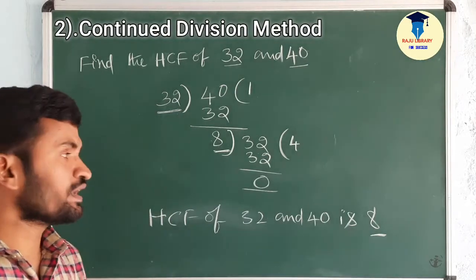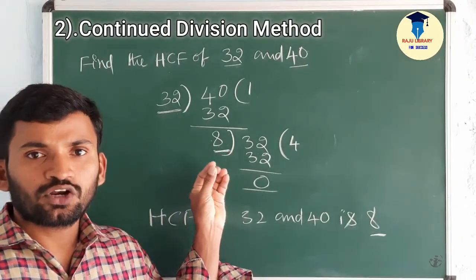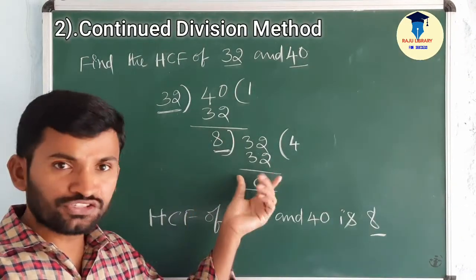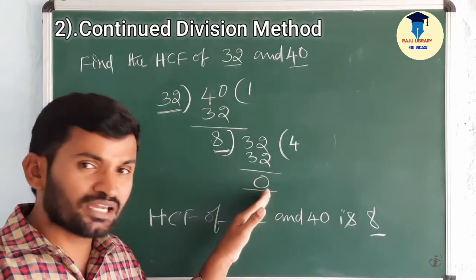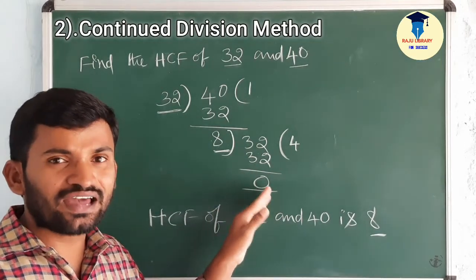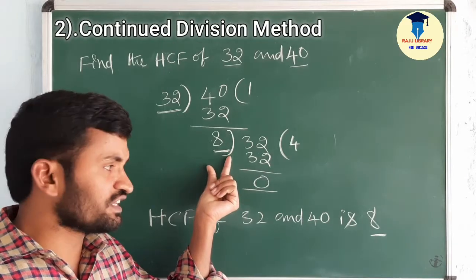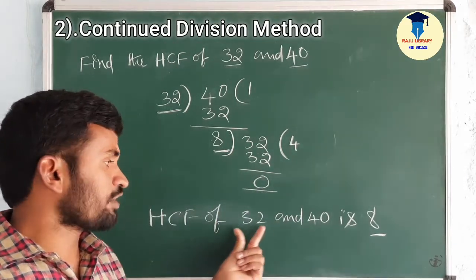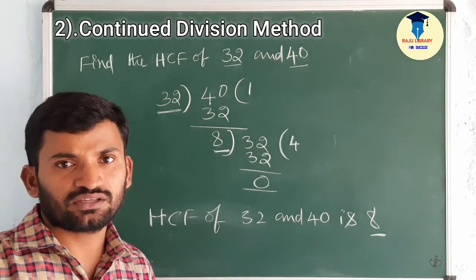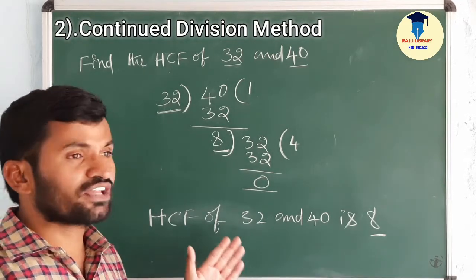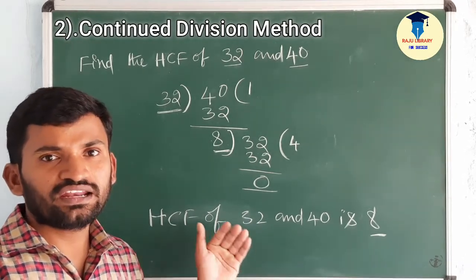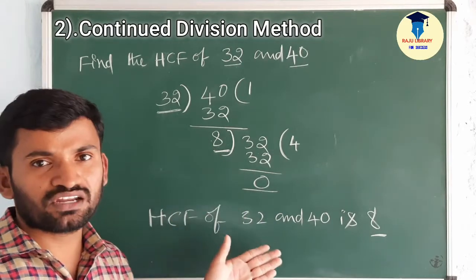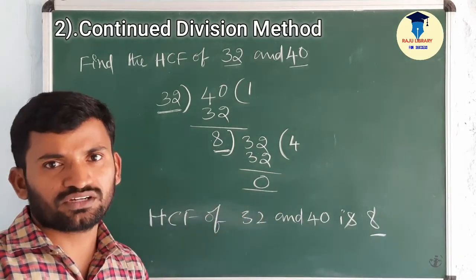Why? Because the divisor in the last step, when the remainder became 0, is 8. So 8 is the HCF of 32 and 40. Like this we can find the HCF of any two numbers using the continued division method.